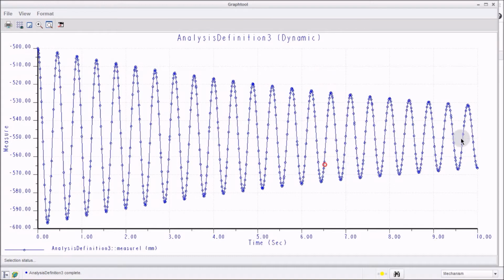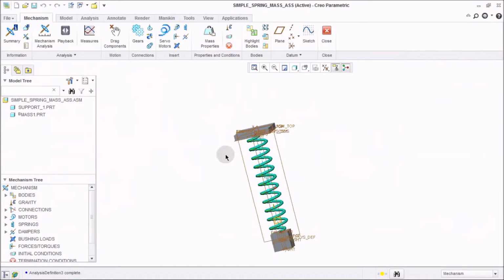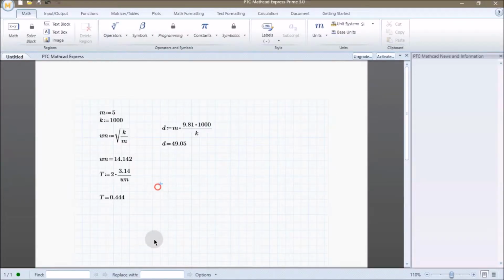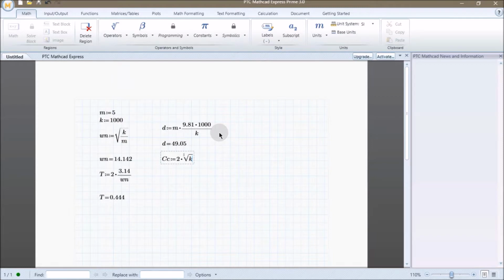Now we will see what the criteria should be for a system to behave as a critical system, an overdamped system and an underdamped system. We have the mathematical formula for the critical damping system: the critical damping value is 2 times the square root of k times m.